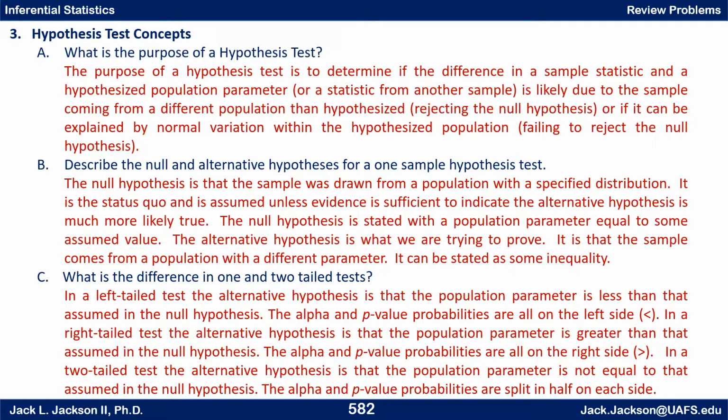The alpha and p-value probabilities are all on the right side, greater than. In a two-tailed test, the alternative hypothesis is that the population parameter is not equal to that assumed in the null hypothesis, or different than that assumed. And the alpha and p-value probabilities are split in half on each side.